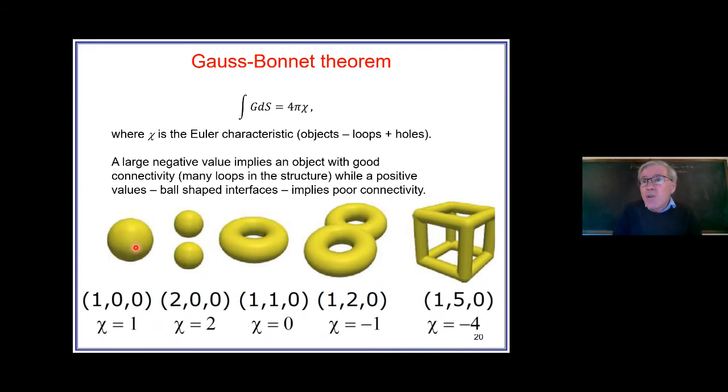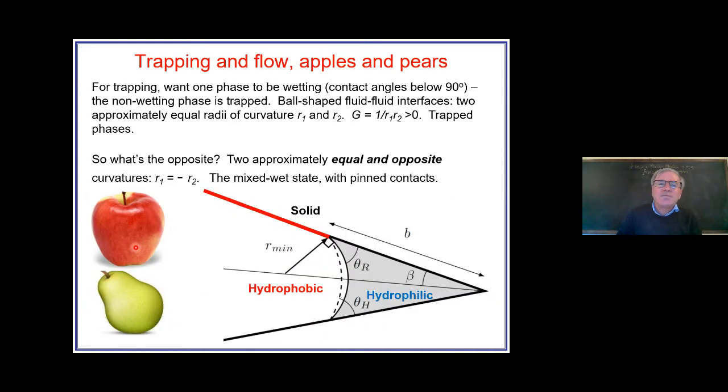If, on the other hand, you don't want things to be trapped, you want something to be connected across the pore space with lots of redundant loops, so that if you were to break a connection, it would still be connected. And that gives you a negative Euler characteristic. That's related to a negative Gaussian curvature, which means you have a curvature one way in one direction, and the opposite way in the other direction.